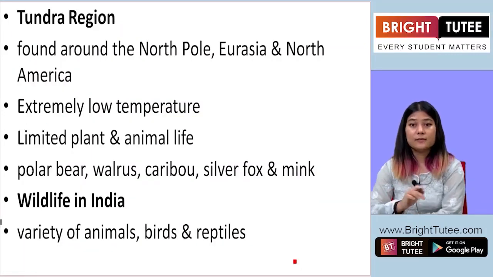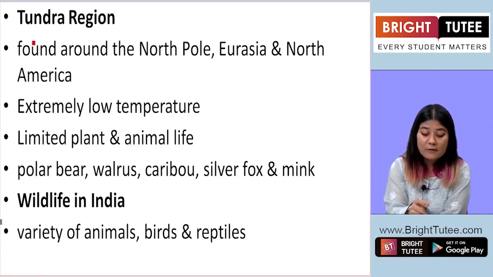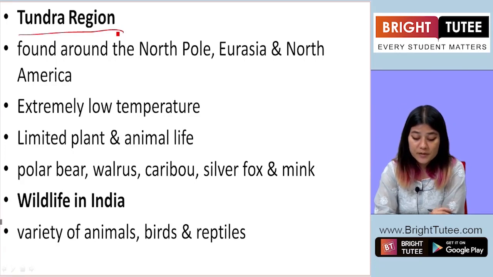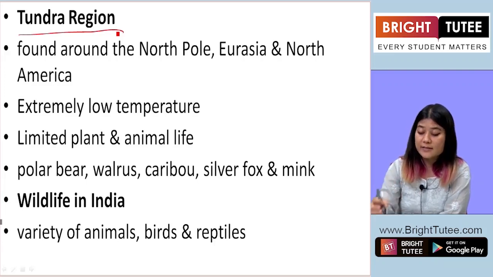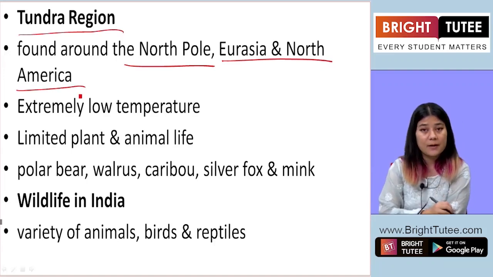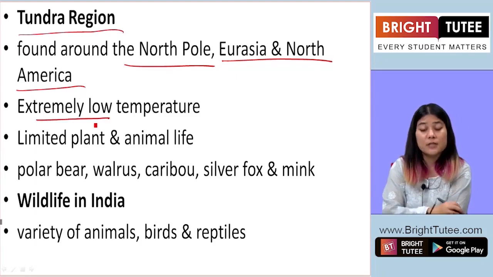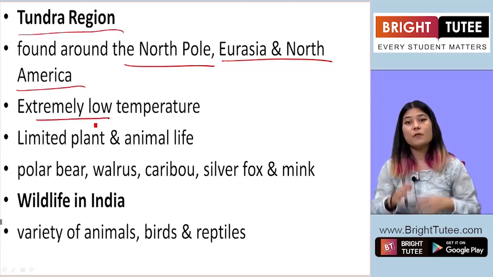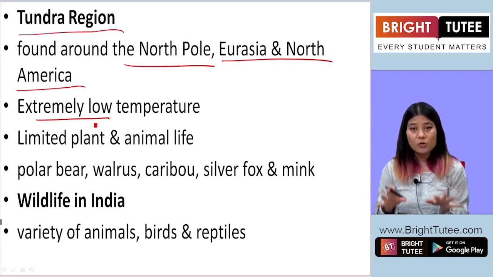The next kind of vegetation that we are going to look at are those found in the Tundra region. Now, the Tundra region and the vegetation which belong to this region are found in areas around the North Pole, Eurasia, and North America. In the Tundra region, the temperature is extremely low, okay? And because of extremely low temperature, which means it's cold, the Tundra region is a cold region.